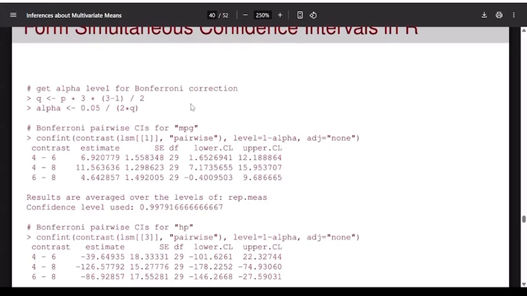When I conduct a one-way multivariate analysis of variance and the null hypothesis is rejected, it means there's a difference in the means. Now, I don't know whether in the means of this dependent variable or that dependent variable or the other.